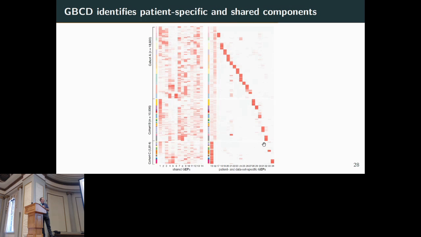And what you can see is some of these components, the ones we've highlighted, we've moved to the right here, are capturing mostly cells that are in a single patient. So this 34th factor here is capturing the cells that are in this patient. You can think of these as capturing patient-specific effects.